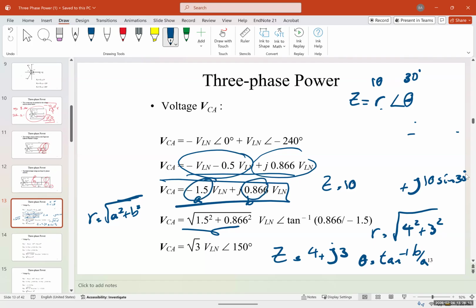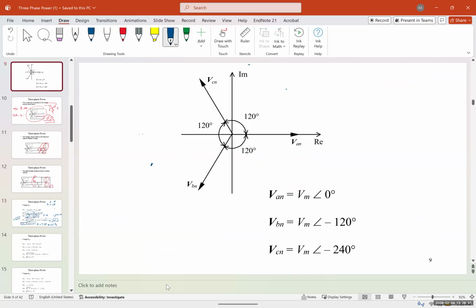And we get tan inverse of B over A. B is 0.866, A is -1.5. Now what we get is VCA is going to be square root of 3 VLN with a degree of 150 degree.